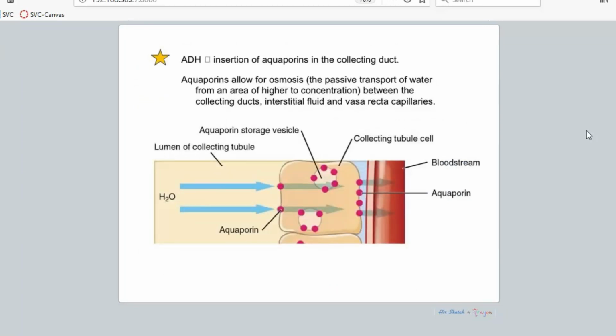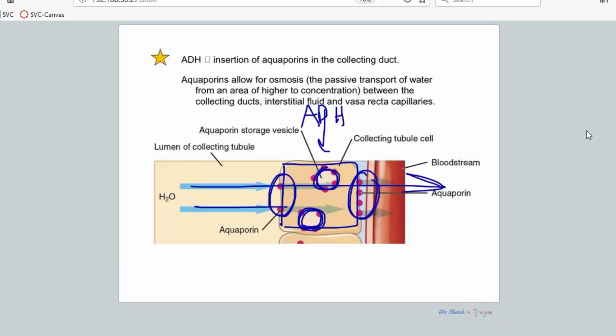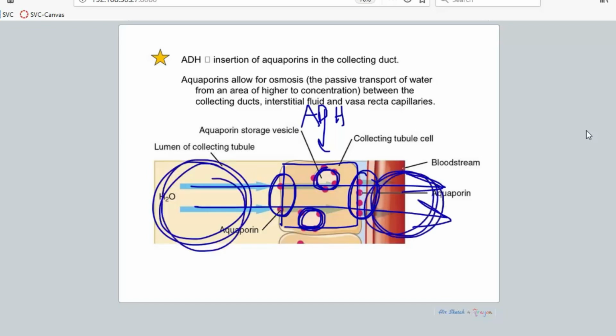And this is just showing that process again. Here is the collecting duct, and this is a simple cuboidal cell in the wall of the collecting duct. And normally we have these aquaporins that are stored within these cells here. But when anti-diuretic hormone acts on them, it causes these aquaporins to be inserted in the walls, and again that allows water to move from the collecting duct through this wall and back into the blood.